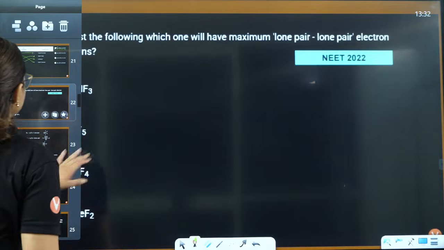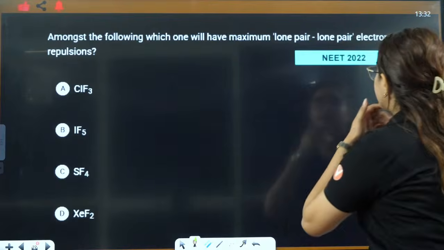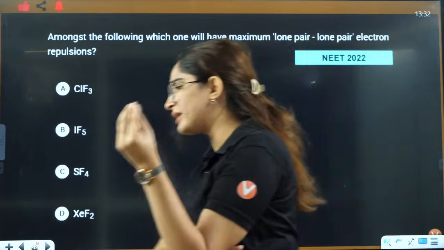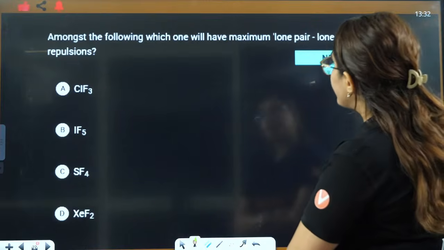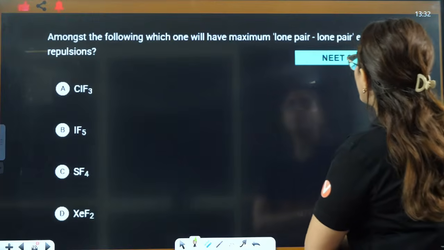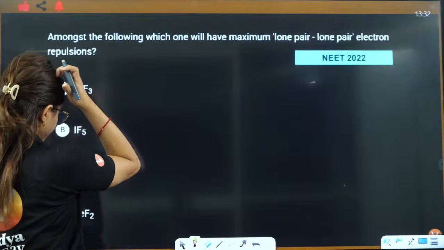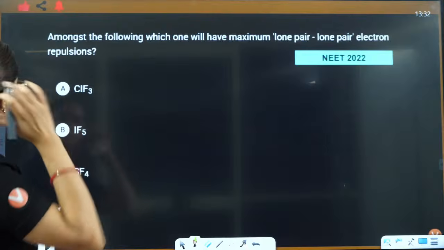Now let's see the next question. Again, every year it is repeated. There is no year in which they have not asked this question. Amongst the following, which one will have maximum lone pair electron repulsion?